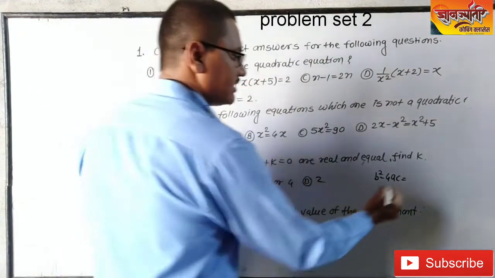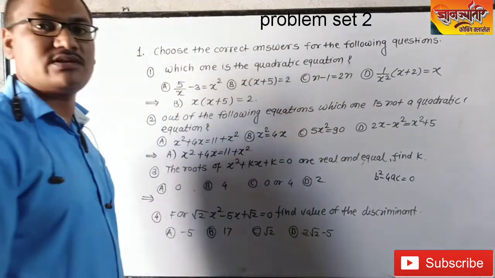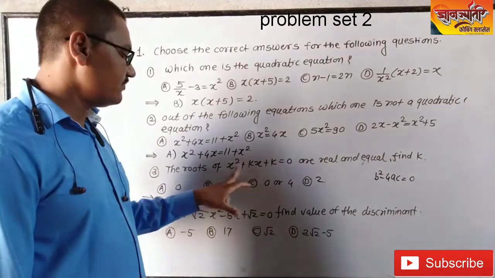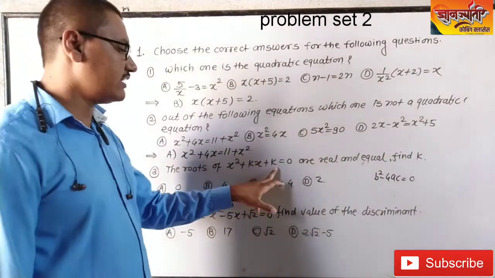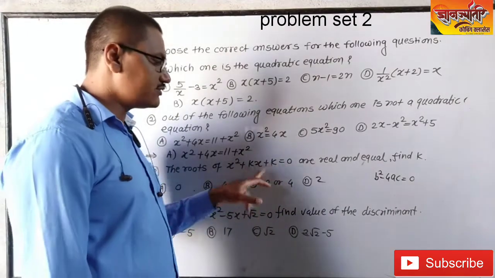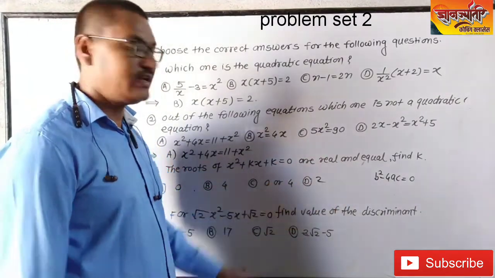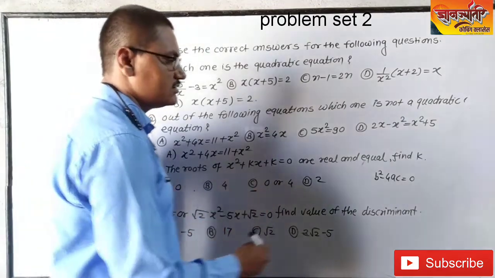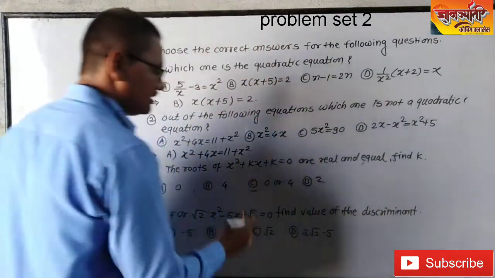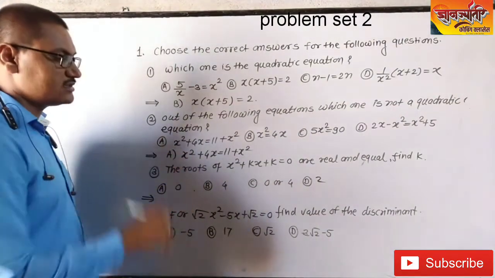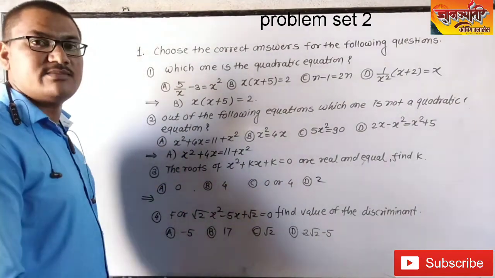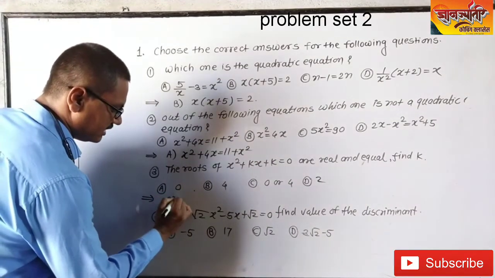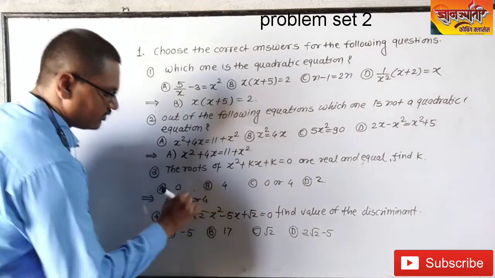The value of a is 1, the value of b is k, and the value of c is also k. After substituting all these values, you can solve it. The solution is 0 and 4, so option C, 0 or 4, is the correct option.